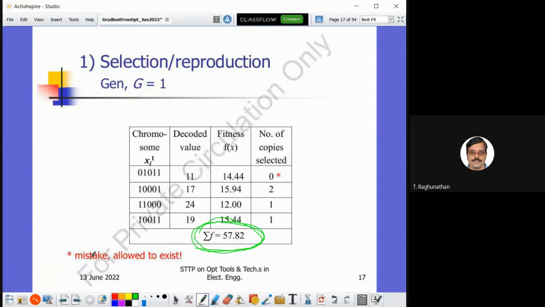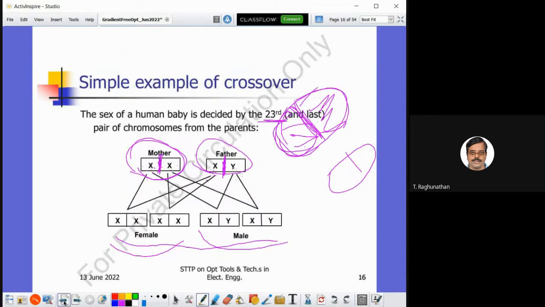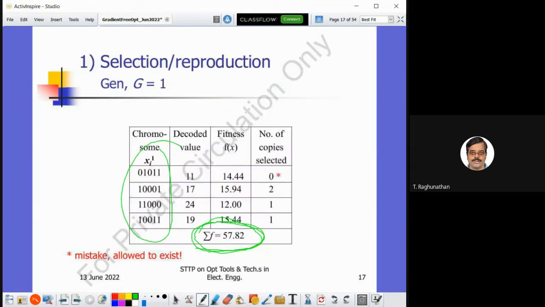Right? So we can continue this process. Children now can become parents. So for that again you decode their fitness, see their fitness. The weakest individual, if you want, you eliminate.